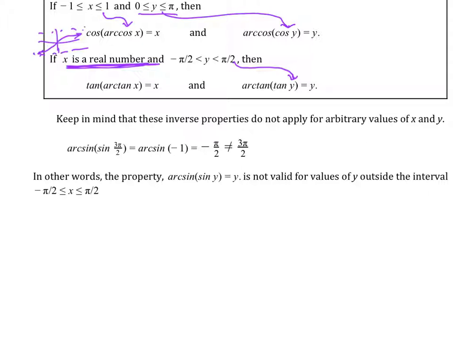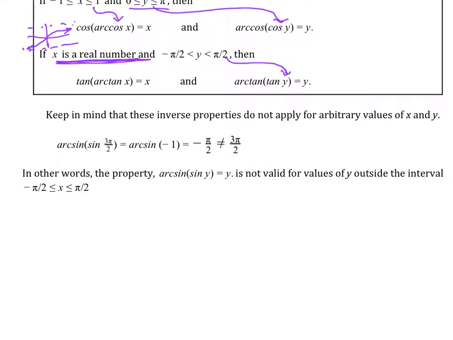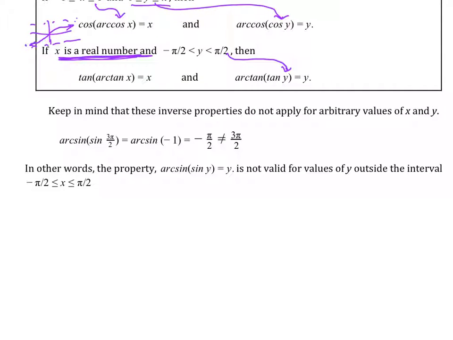We need to keep in mind that these inverse properties do not apply for arbitrary values of x and y. So if we look at arcsine of sine of 3 pi/2, that actually does not equal 3 pi/2. The reason why is that sine of 3 pi/2 is -1, and for arcsine of -1 we would have to use -pi/2 because we're restricted to that interval. So that's not 3 pi/2.